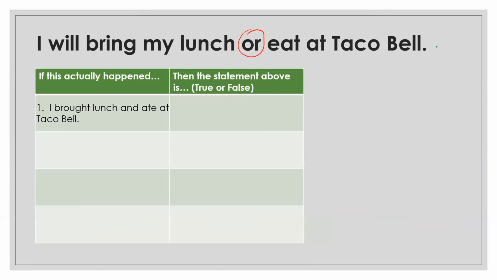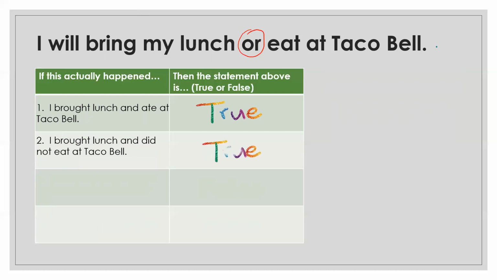Is this statement true? Yes, it's true. And I'm a pig. I ate two lunches. Okay. Now, scenario number two. I brought lunch and I did not eat at Taco Bell. Is my statement still true?